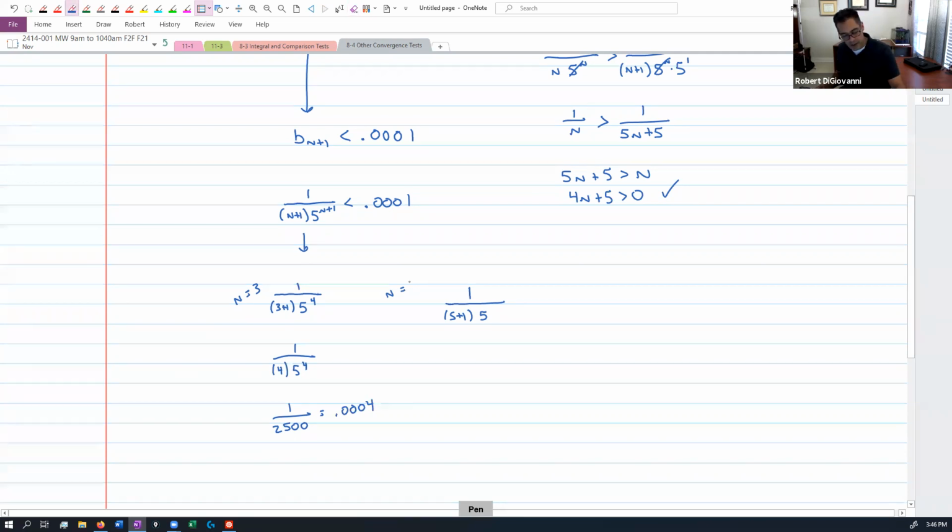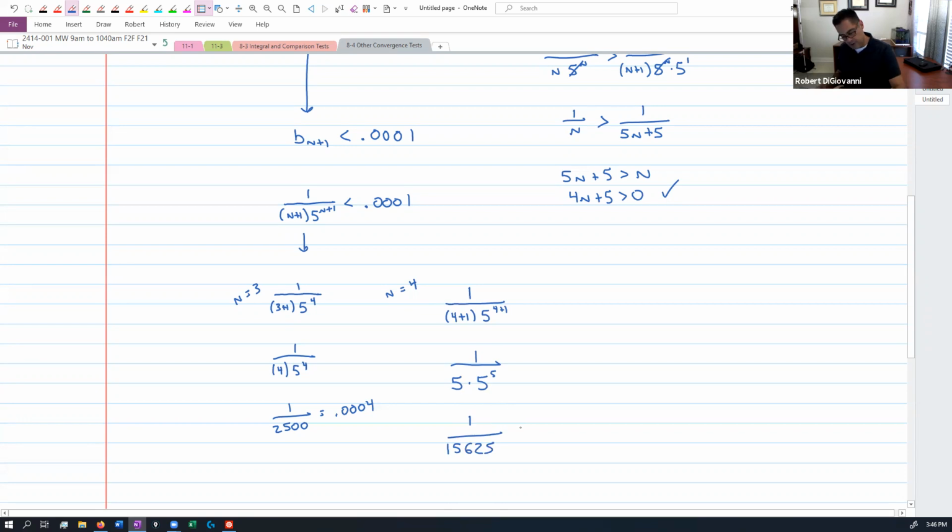So let's go to n equals 4. If we do n equals 4, we get 4 plus 1, 5 to the 4 plus 1. So 1 over 5 times 5 to the 5th. And then that'll be 5 to the 5th times 5. So this is 1 over 15,625. I think we're there.